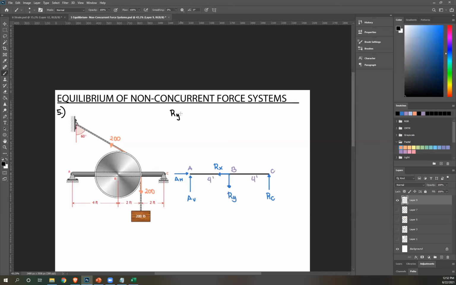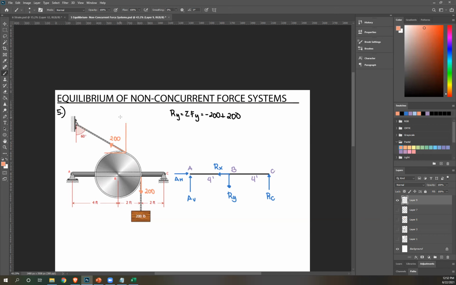So Ry, again, just considering these two forces resultant on the pulley, Ry is equal to, we have a downward force here. That's the summation of forces y, right? So negative 200 plus 200. Now the question here is, what is the vertical component of this? Take note, this is at an angle 60.